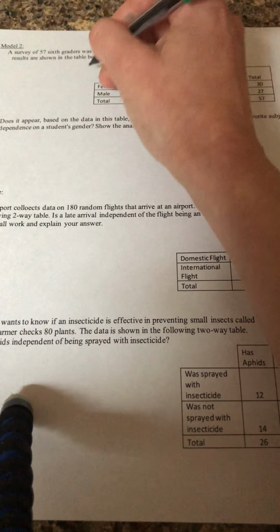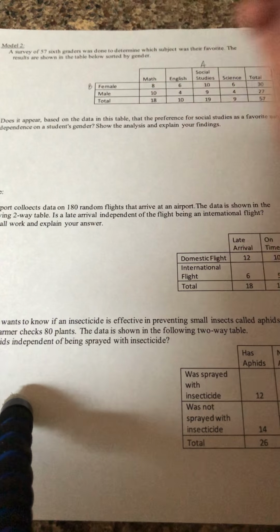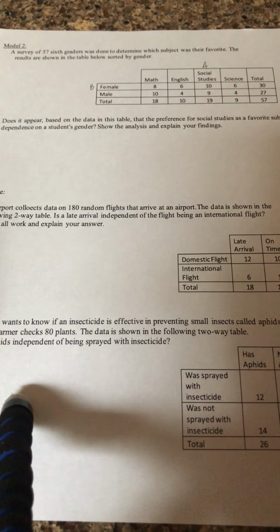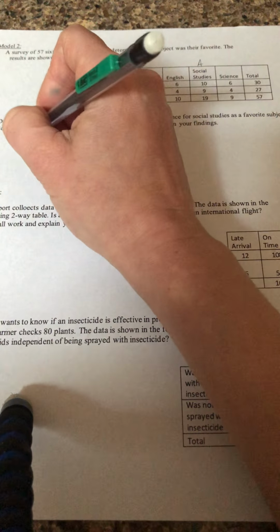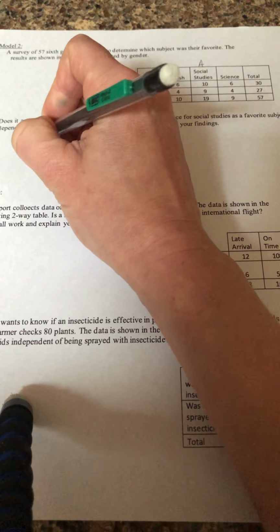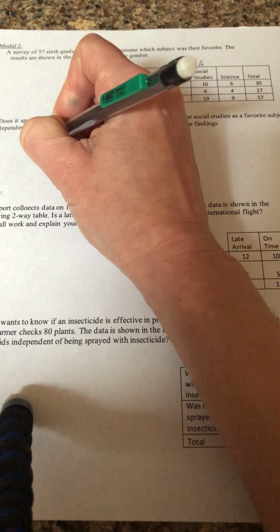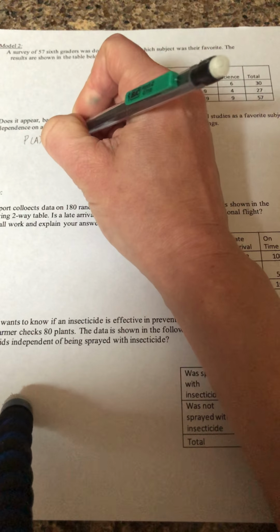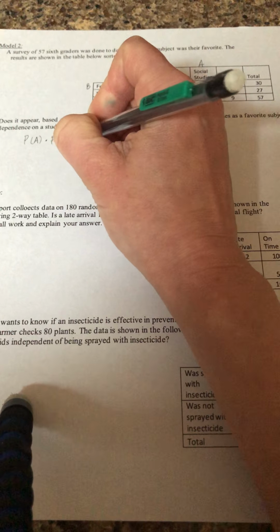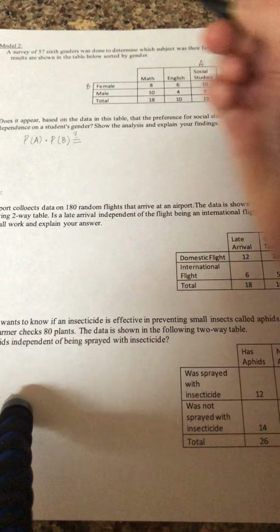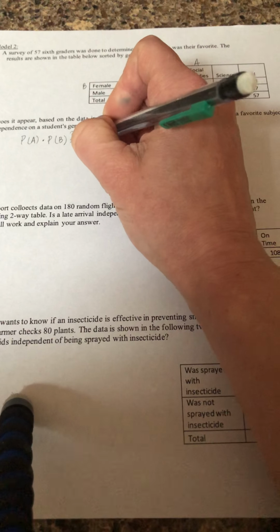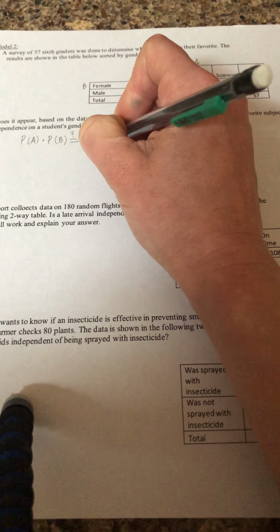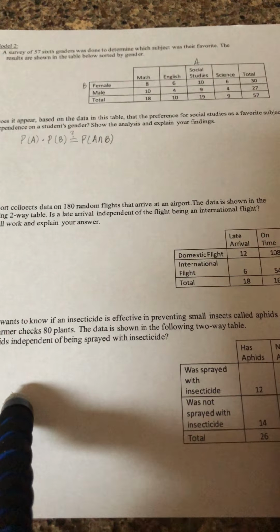And then I'm going to just choose female for my event B. And if you want to use F for female, that's also okay. So what I'm going to do is I'm going to record our new formula. But again, I'm really going to put that question mark over the equal sign because we don't know if this is going to be a true statement or not, right?